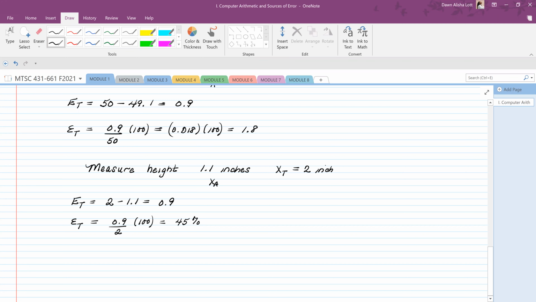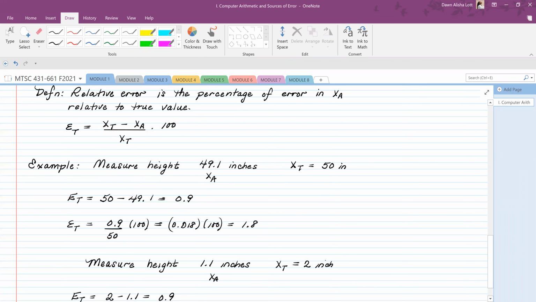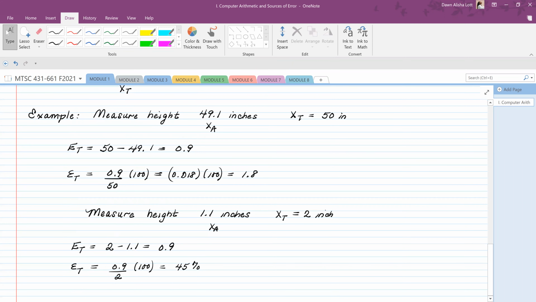So relative error gives you an idea of how poor your solution is relative to the answer you're supposed to get. Here I was supposed to get 50, I got 49.1. My approximation is not too bad. Whereas I had 1.1 and I was supposed to get 2, my approximation is pretty bad, 45% off. Okay, so that's how we look at error.